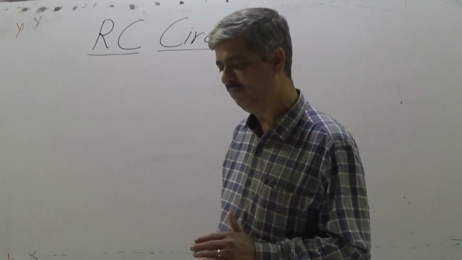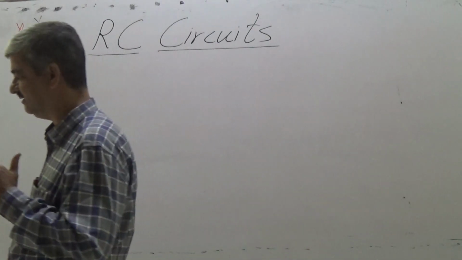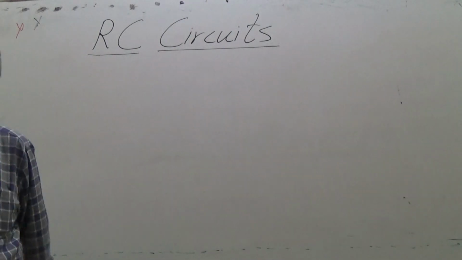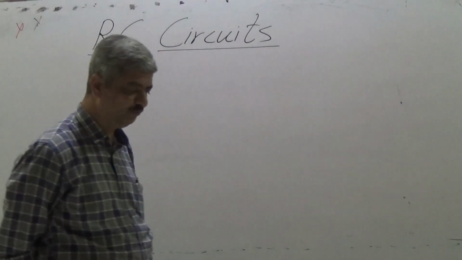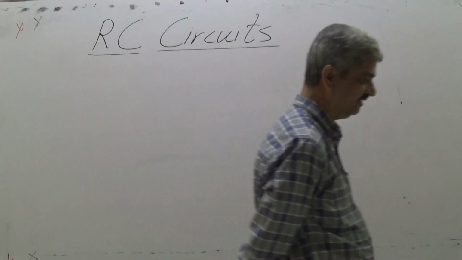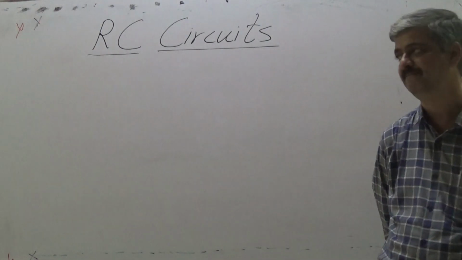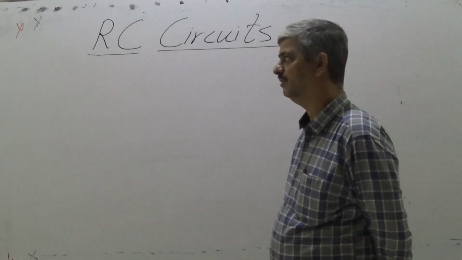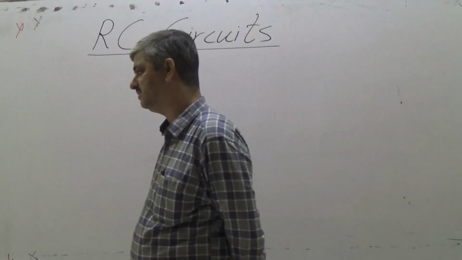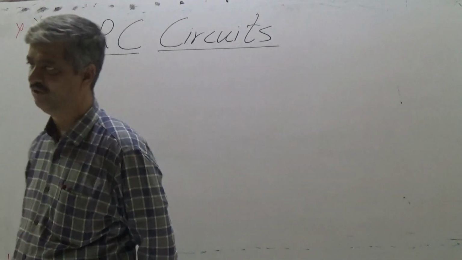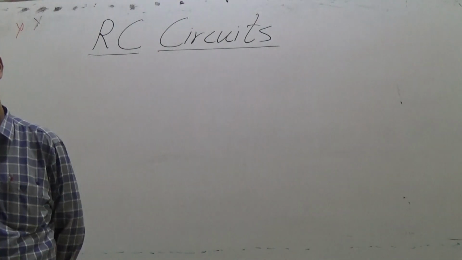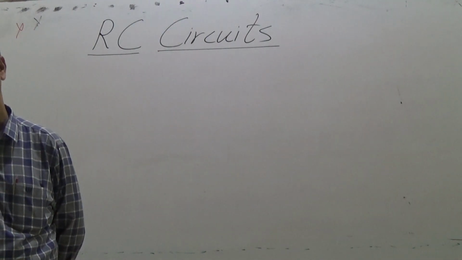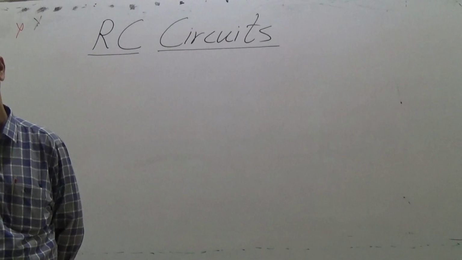So now what do we deal with? Voltage source, resistor and capacitor. We will be dealing with voltage source, resistor and capacitor. This is a very classical phenomenon. It has existed for 3-4 centuries.